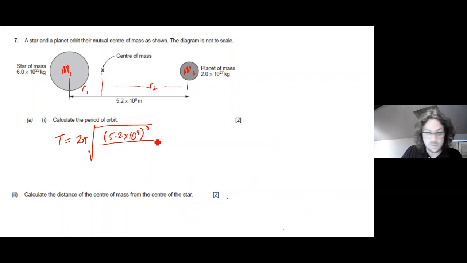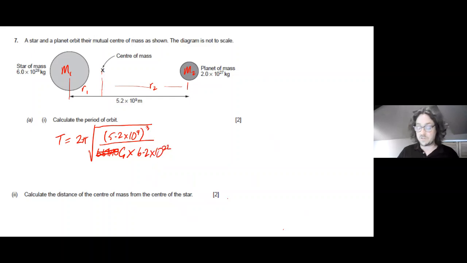And we're dividing that by G, the gravitational constant, which is 6.67 times 10 to the minus 11, times 6.2 times 10 to the 22.